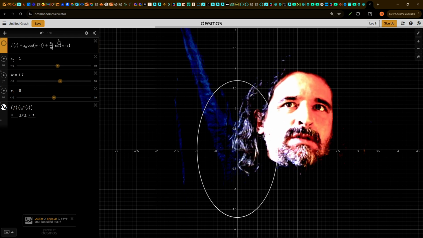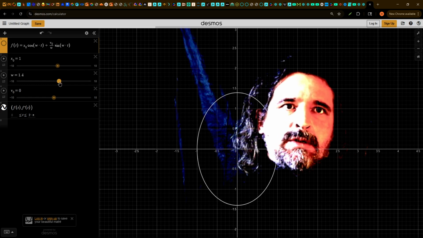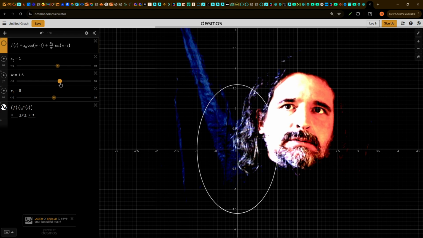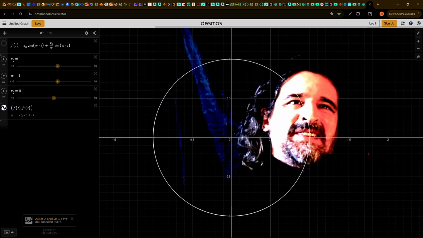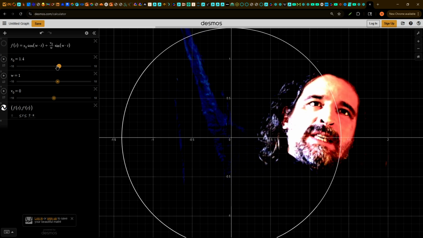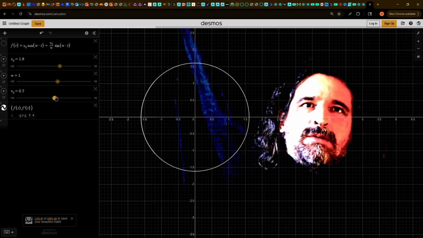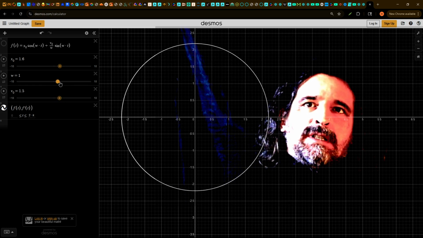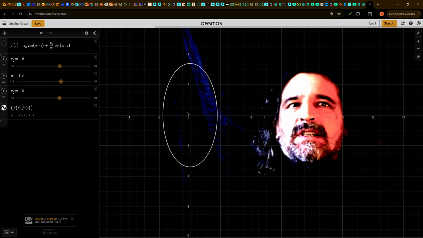I don't recall. No, it must be omega. So if I put omega equals 1, then it is a circle. And then as soon as I start to move, this will keep it a circle. It's still a circle, right? But if you change omega, then you will have to find the circle again.